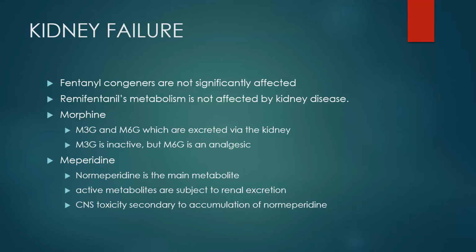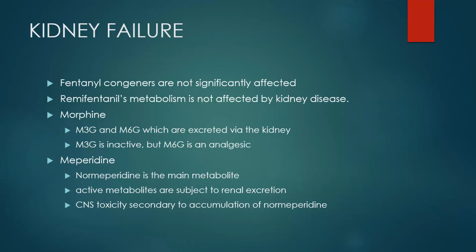Morphine is primarily metabolized by conjugation in the liver to water-soluble glucuronides, specifically morphine-3-glucuronide and morphine-6-glucuronide, M3G and M6G. The M3G and M6G are excreted by the kidneys. And the kidney also plays an important role in conjugation of morphine, and it may actually be responsible for conjugation to M3G and M6G for about 50% of the metabolism.